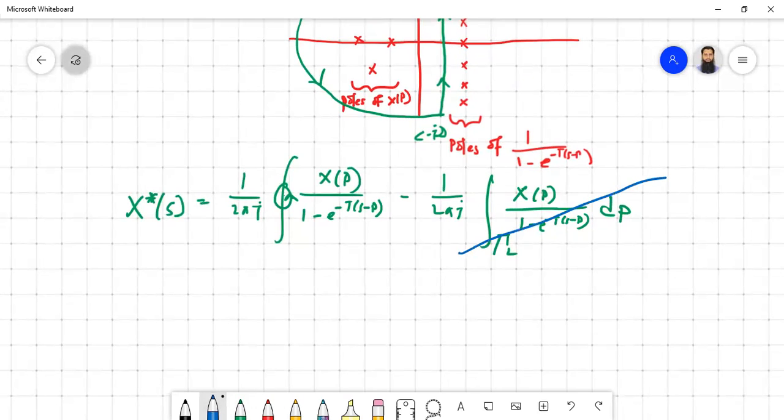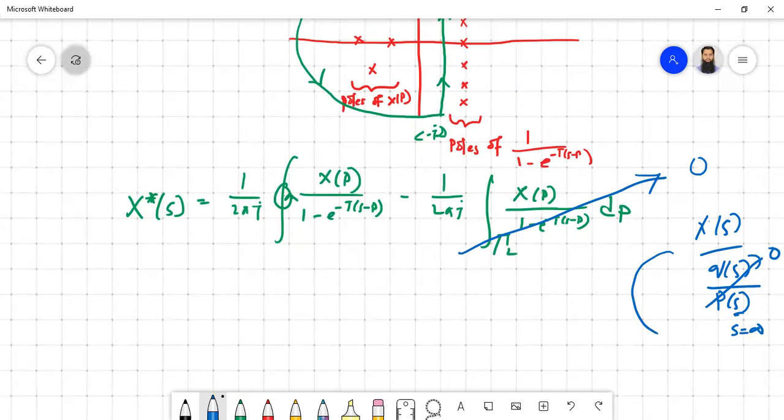Because we consider that X(s) is strictly proper, so in Q(s) divided by P(s), since it is on the infinite semicircle, the value of s is always infinity, and because of that this will vanish to 0. Whatever we are left with is this contour integral, which we have to evaluate to find X star s.